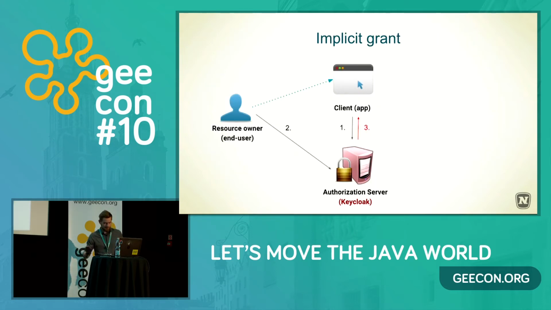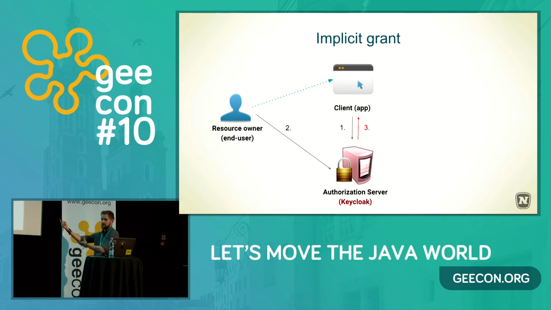Okay, so this is again the implicit grant. What we did is give username and password to the authorization server, and we ended up with an access token. There is no client identification here. The only client identification that we have is verifying that the redirect URI that we're going to with the access token has been registered in our authorization server.